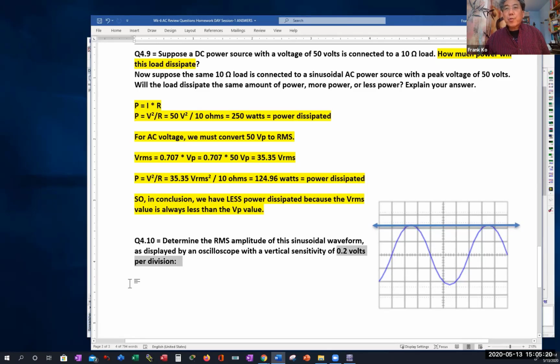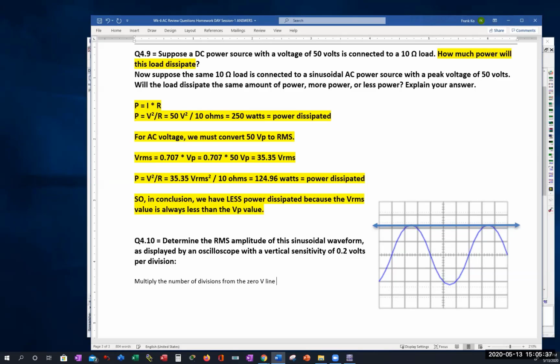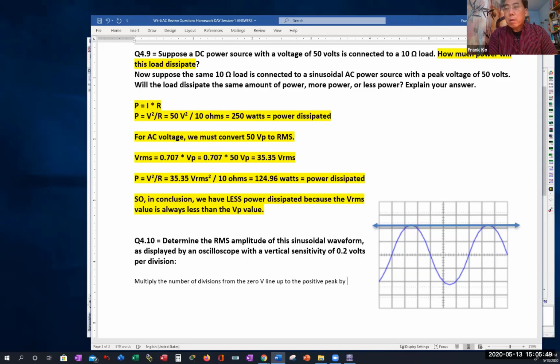So what you're going to do is multiply the number of divisions from the 0 V line up to the positive peak by 0.2 V per division.